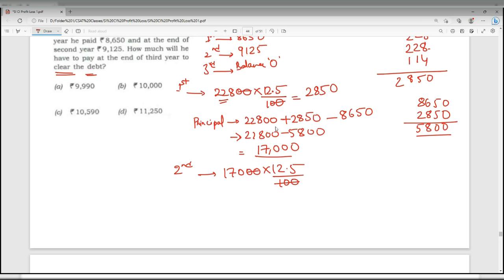I can do this as 170 into 10, which is 1700, then 170, 170, and then half of 170, which is 85.